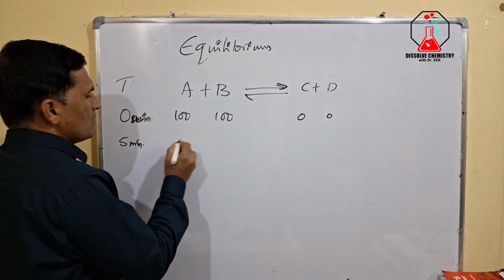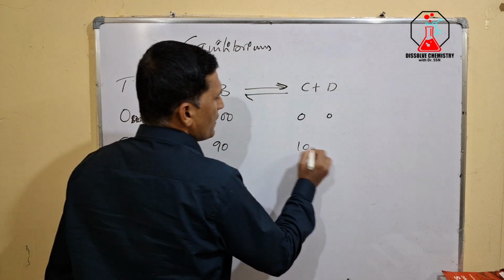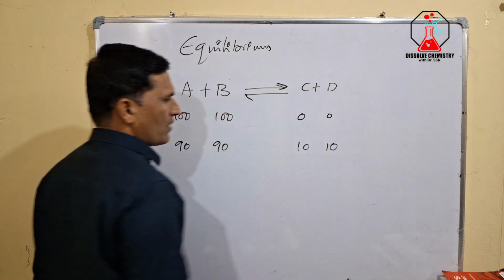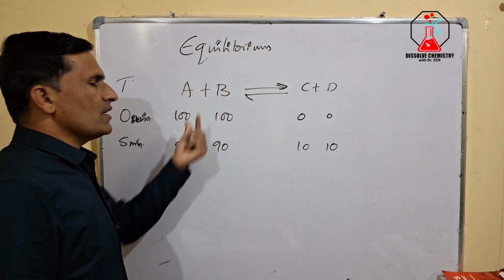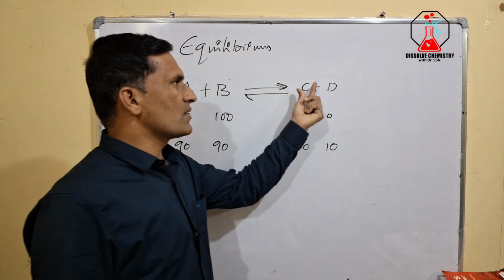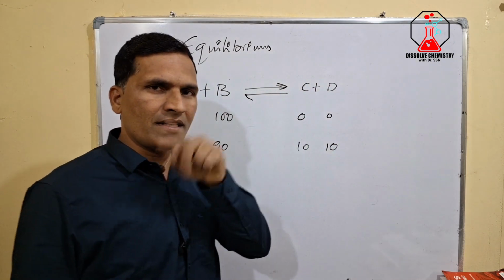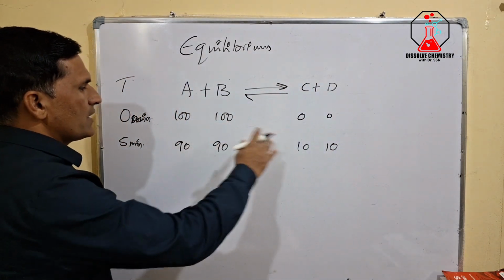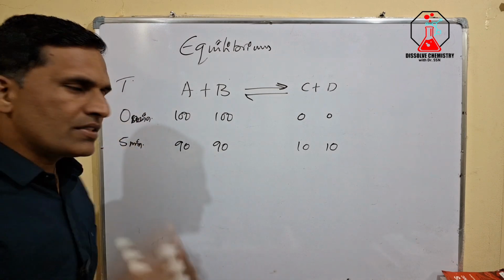There you find that 10 molecules are appearing as product. 10 A and 10 B combined to form 10 molecules of C and D. Look into the stoichiometric coefficients 1:1:1:1. So we get 10, and I leave it for another 5 minutes.